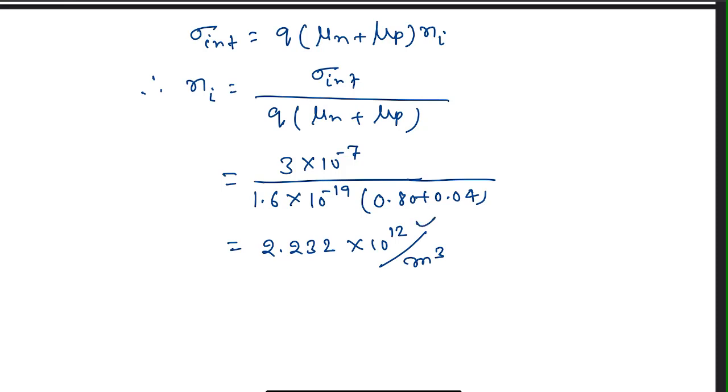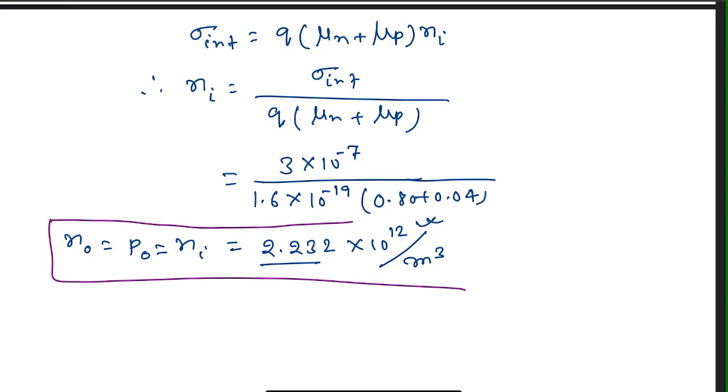So this is the number of electron-hole pairs, or the concentration for electrons as well as for holes, so we can write N naught is equal to P naught is equal to Ni. This is the intrinsic carrier concentration for the semiconductor. The mobility has units of meter square per volt second, and the conductivity is given in ohm meter raised to minus 1.